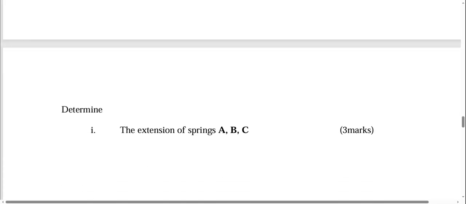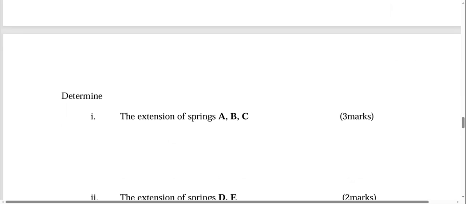So ABC are in parallel arrangement and they are identical. Since they are identical, we are going to use the Hooke's law formula, but with a little changes.